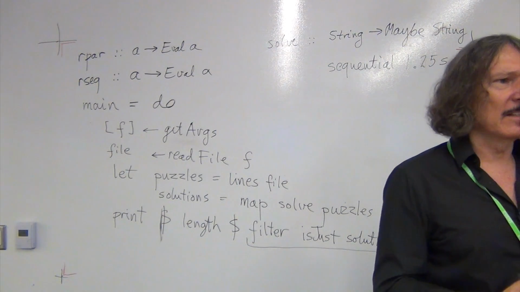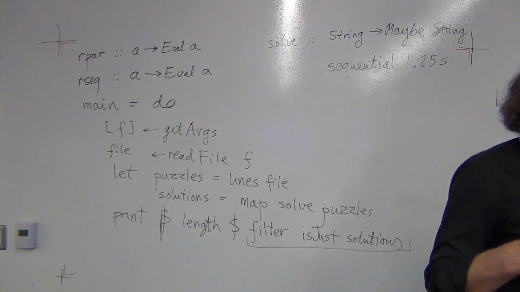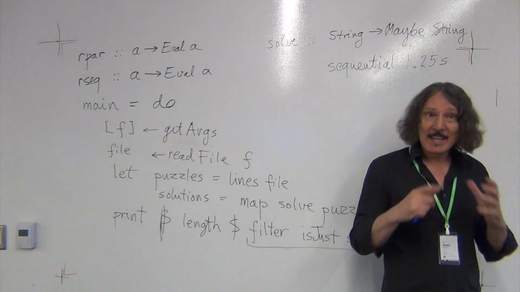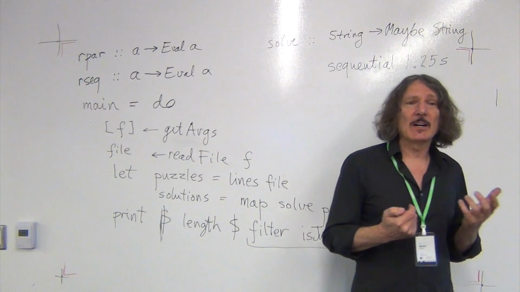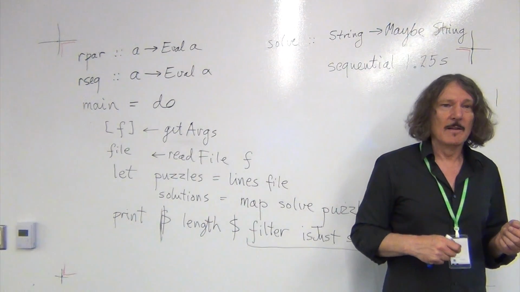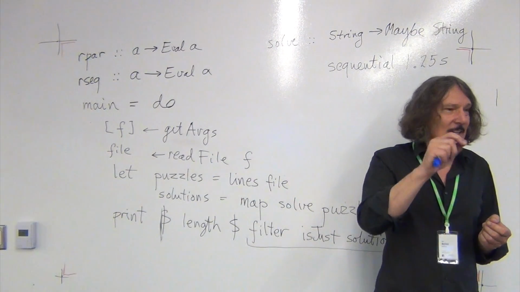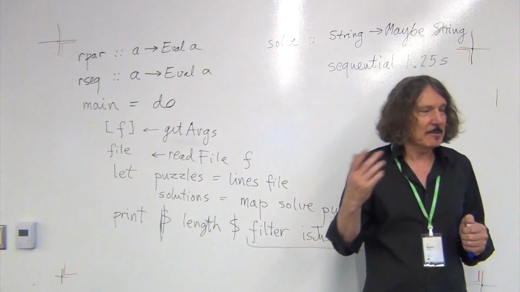The opposite of this is what I'm going to show you now, is splitting it into tiny things, okay? Because creating sparks is cheap. It's just putting a pointer in this spark queue, right? It does a little bit of synchronization, but it's relatively cheap.